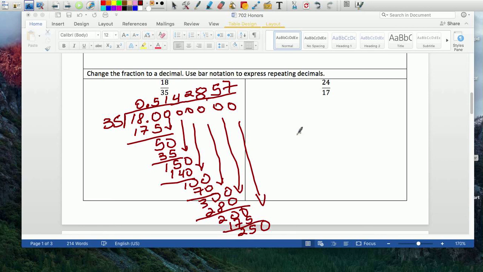It'll be 245. You got 50 left over, so you're going to bring a 0 down. 35 goes into that 1 time. You get 35. And finally, something repeats. I'm going to bring another 0 down. So 150, and you see that we have a 150. Yes, we had a 150. It's going to be 4 times.